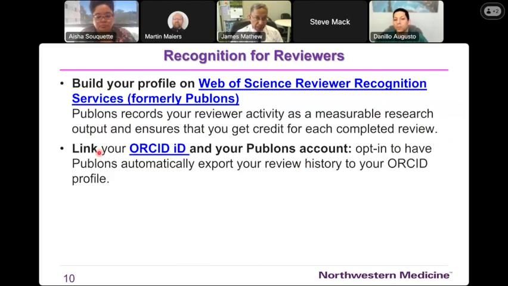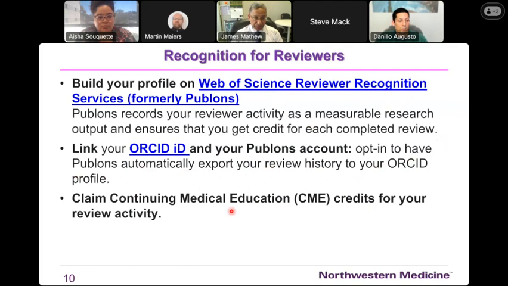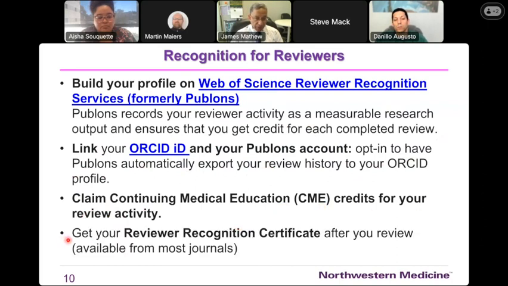You can link your ORCID ID with your Publons account and opt in to have Publons automatically export your review history to your ORCID profile. You can also claim continuing medical education credits for your review activity. Get your reviewer recognition certificate. You can do that. I remember I arranged for a number of certificates for very active reviewers for Human Immunology.